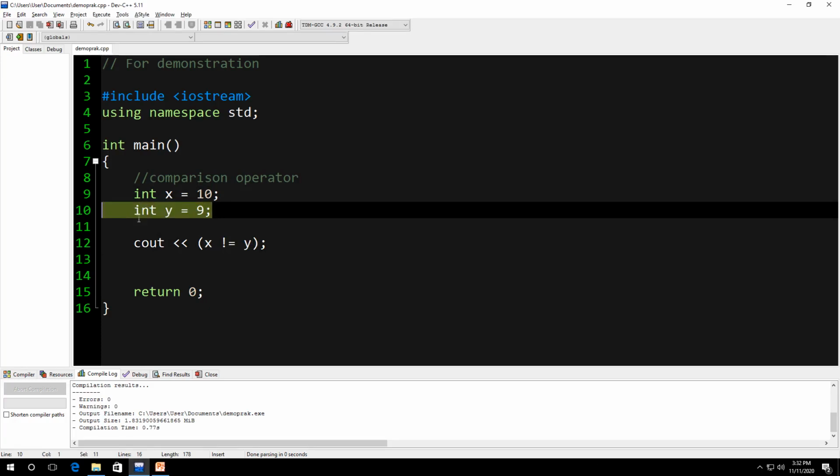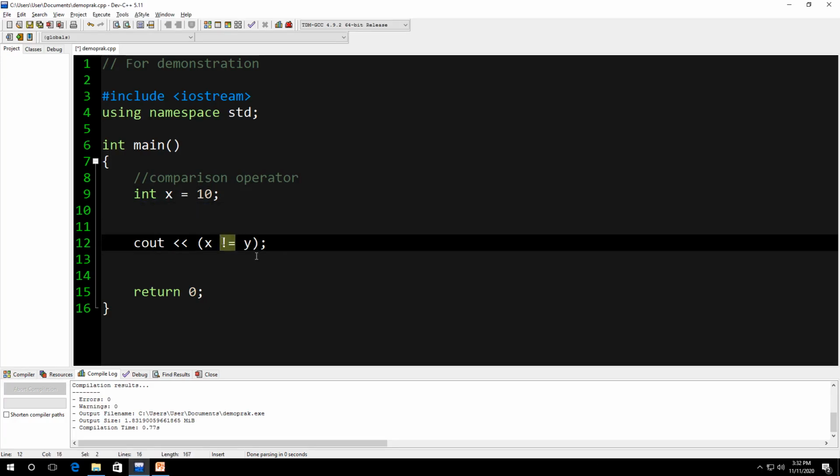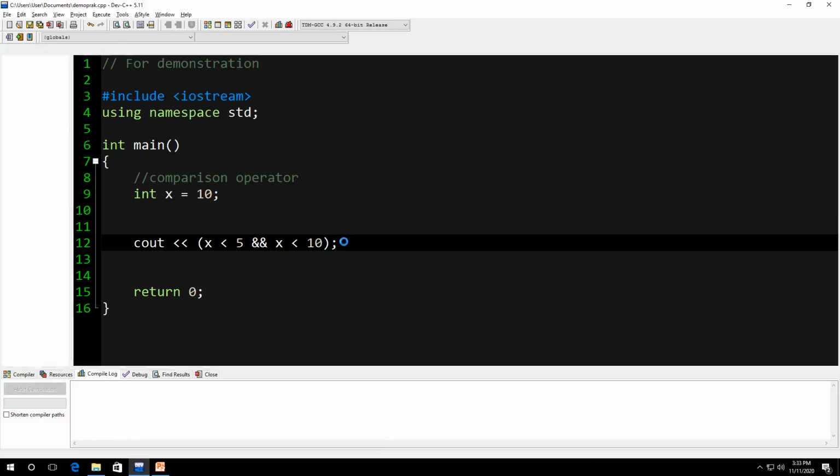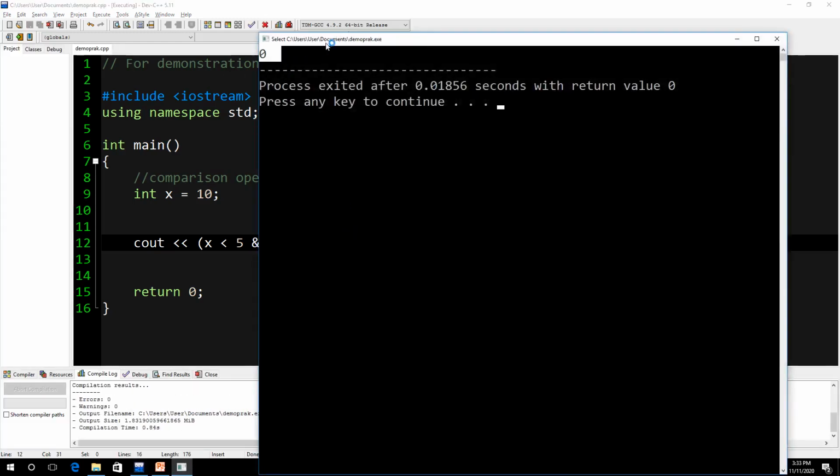In the example, it is x less than 5, logical AND, x less than 10. So x is less than 5 and logical AND x is less than 10. If we run this one, it will give you false.